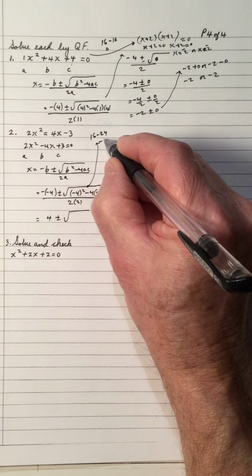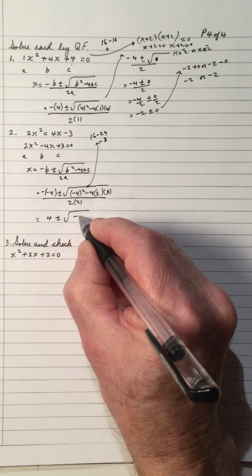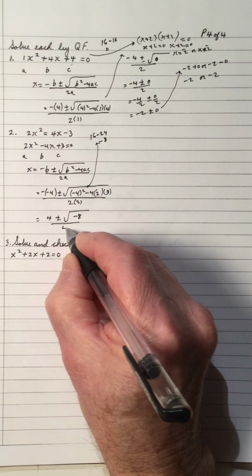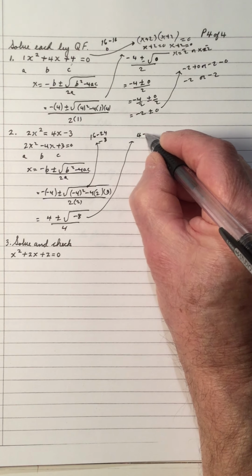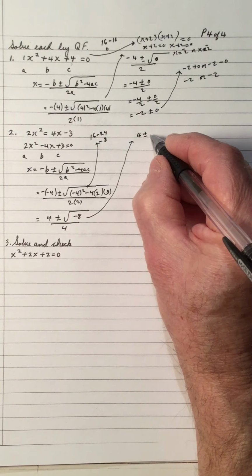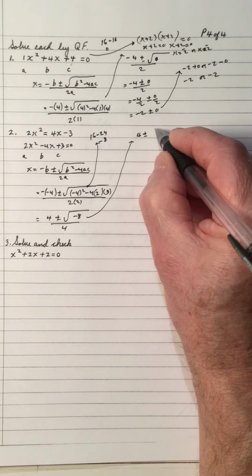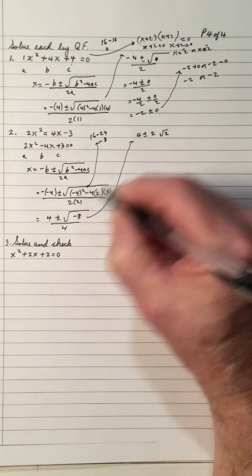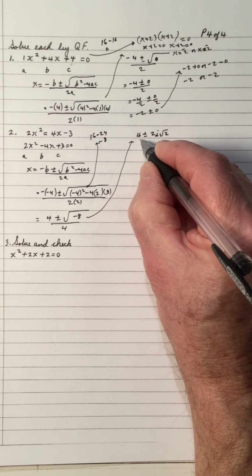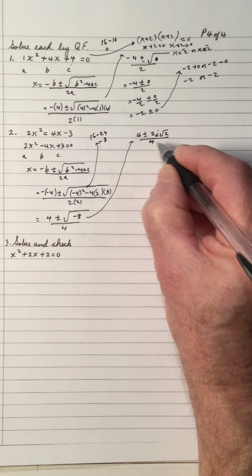That gives me a negative 8, all over 4. So we get 4 plus or minus the square root of 8. 8 is 4 times 2, so it's a 2 root 2. But because it's negative, it'll have an i, all over 4.